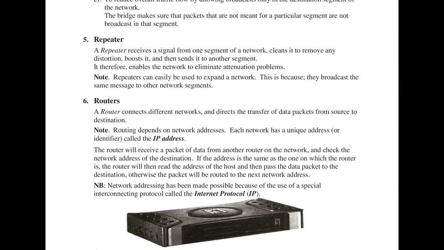So you need an amplifier to remove the distortion and boost the signal to its original strength. Those gadgets are called repeaters. A repeater is an amplifier that cleans to remove any distortion, or boosts it, and then sends it to another segment. So your internet signal arrives at the same magnitude because of the help of a repeater.